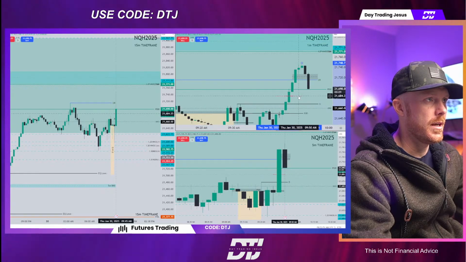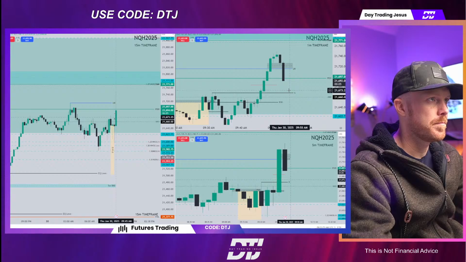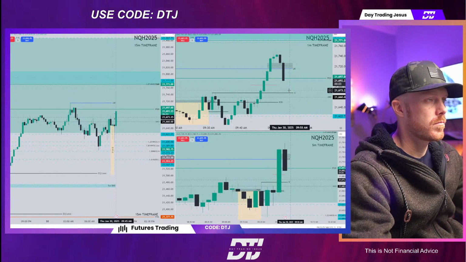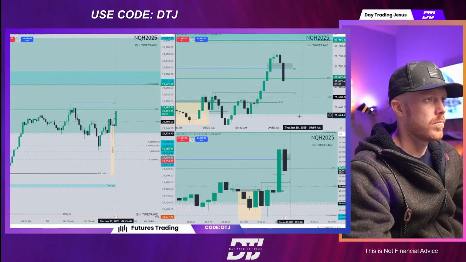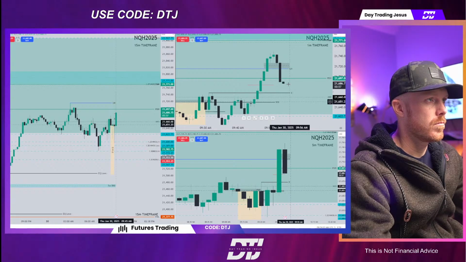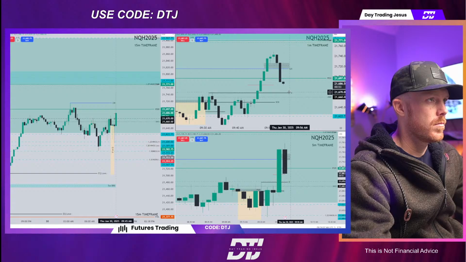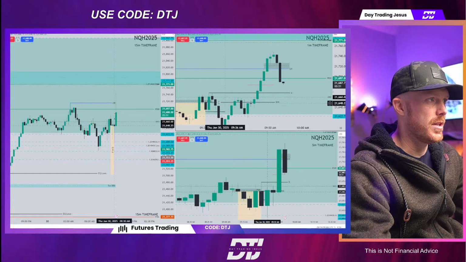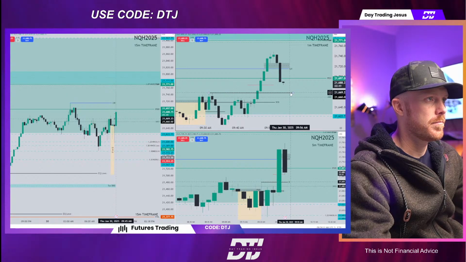Midpoint is sitting right here, 50% of the price leg that we've seen. All the way back down to potentially this breaker sitting right here.